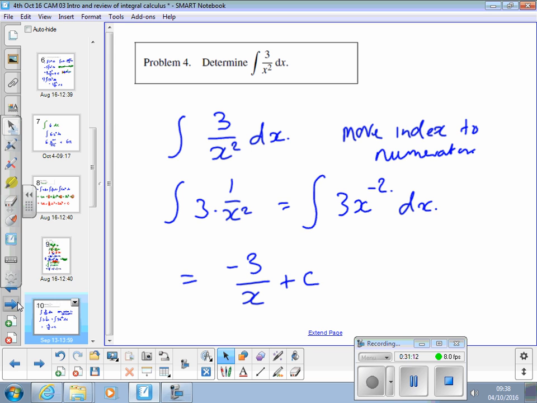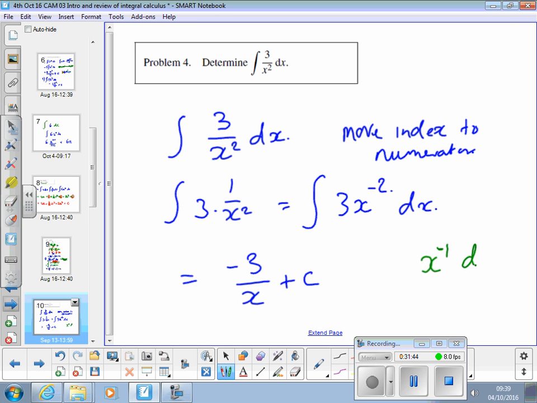Everyone agree with that? Anyone not see how you got to that? Do we want some stages in there to help? We're going to end up with x, and we're going to add 1 to that index, so it's going to be x to the minus 1, sorry.